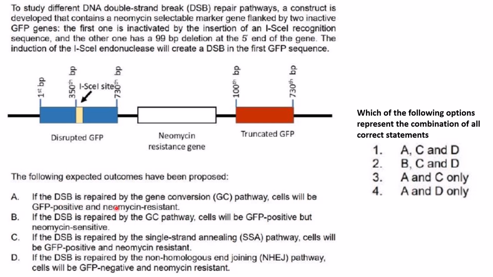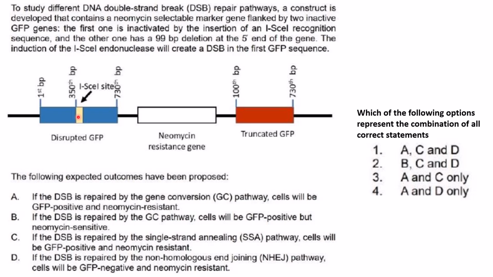If the double-stranded break is repaired by gene conversion pathway, yes, cells will be GFP positive and neomycin resistant. So gene conversion pathway is just like your homologous recombination method, and it is not error prone. It doesn't result in any errors.